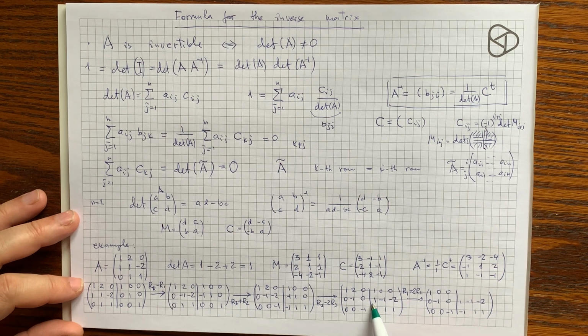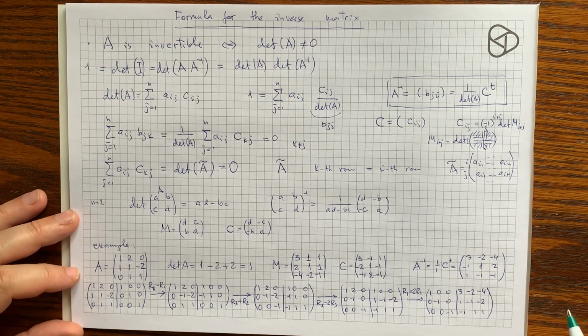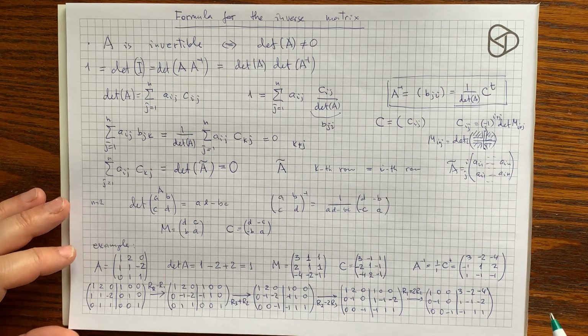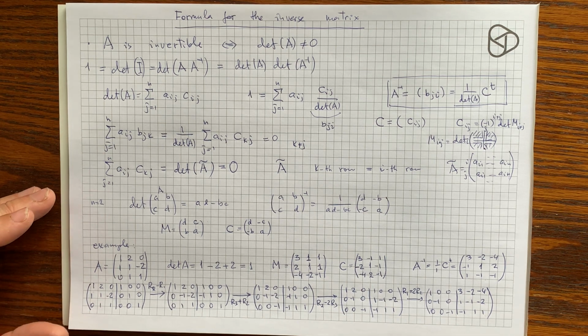So when we take this twice and add, we'll have 3, we'll have -2, and we will have -4. The final move is to scale the second and the third by a negative sign, and you could see that the result is just what we get using Cramer's rule, so it must be correct.